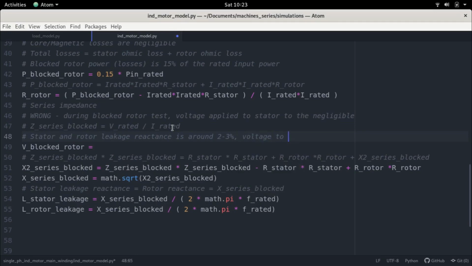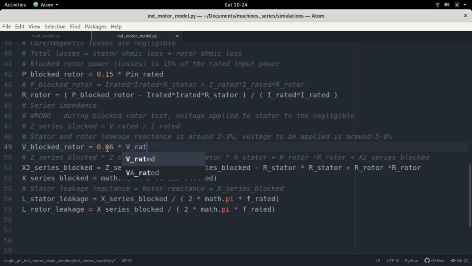So we can say that the block rotor voltage is around 0.06 times V rated, right? So you cannot apply the rated voltage.